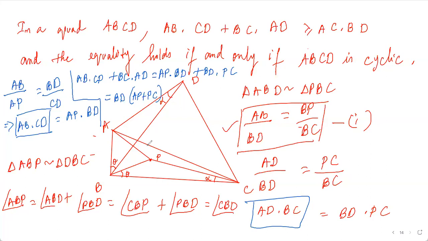I can say that that is greater than AC because of the triangle inequality, and if P lies on AC, then they will be equal. So it's greater than or equal to BD times AC. Okay, and so we are done. That is, this sum is greater than or equal to BD times AC. Is that clear? Now we can move to the problems.